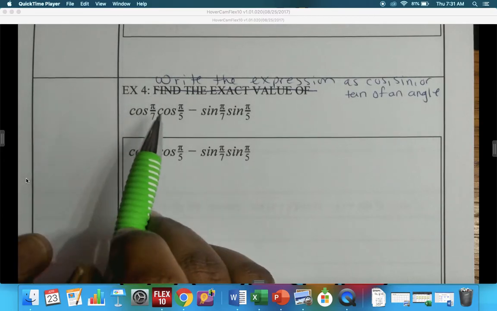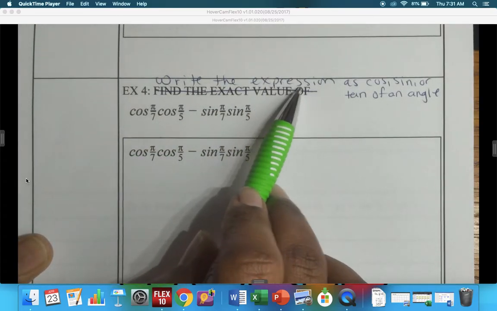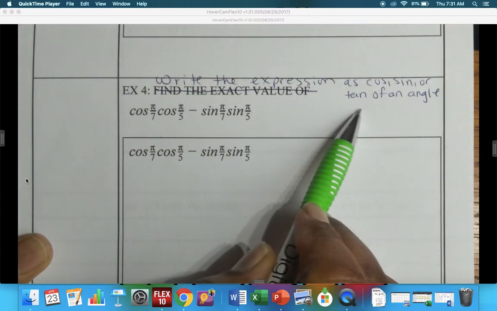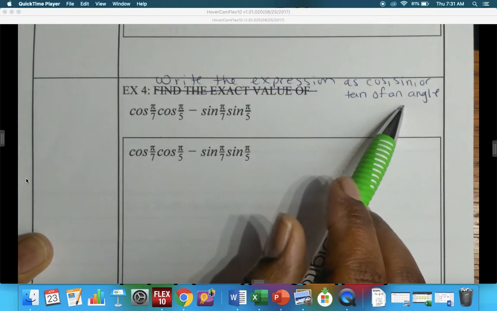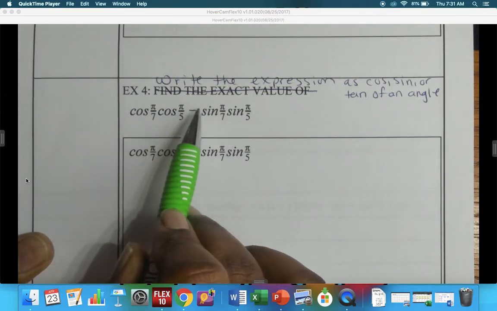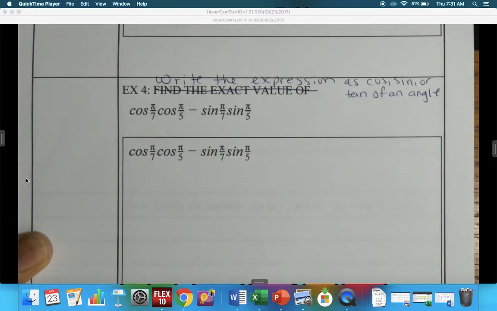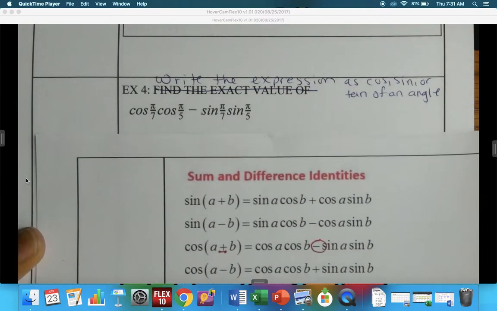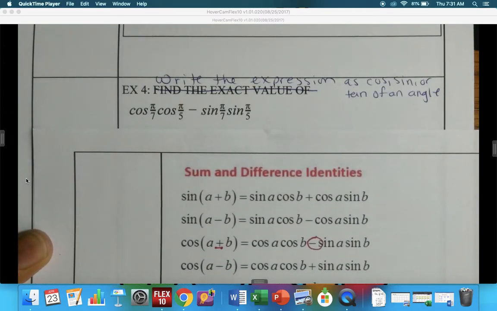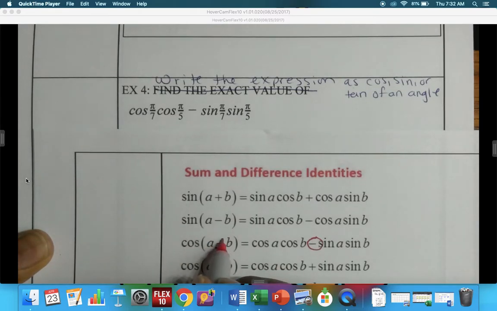One more example. Same idea, rewrite the expression as cosine, sine, or tangent of just one angle. And here now I have cos, cos minus sine, sine. Automatically, when I see cos, cos together, I know that's a sum or a difference of cosine. So let's look at the formulas. Mine is cos, cos, sine, sine. So I'm looking at these two, but because it says minus, remember how cosine has the opposite of what we think. There's an addition sign here.